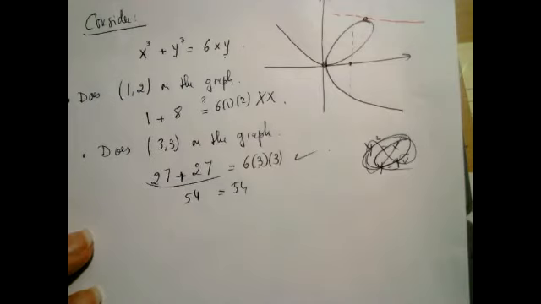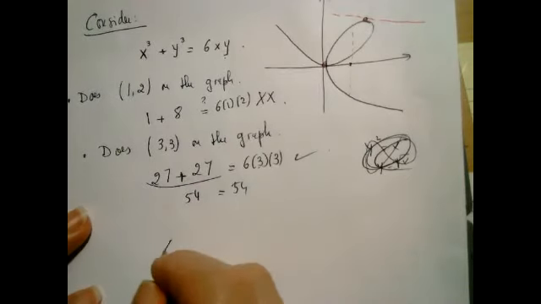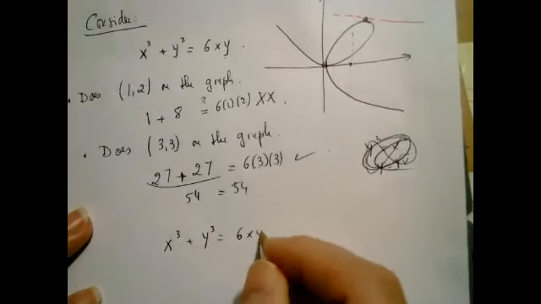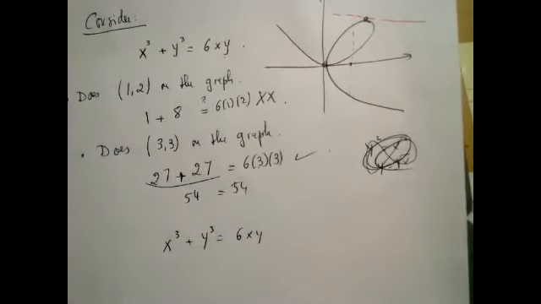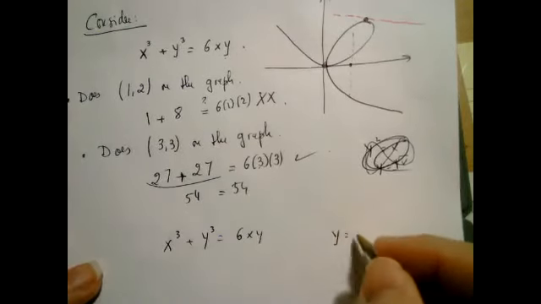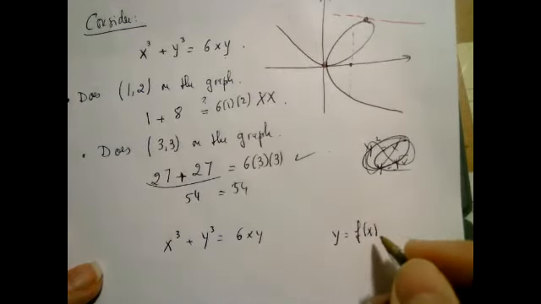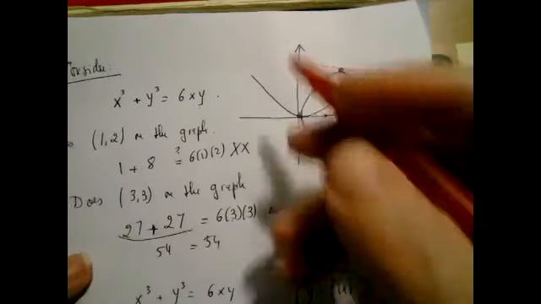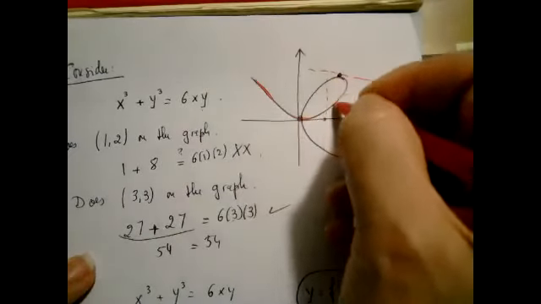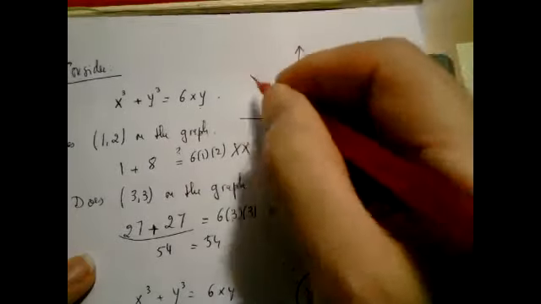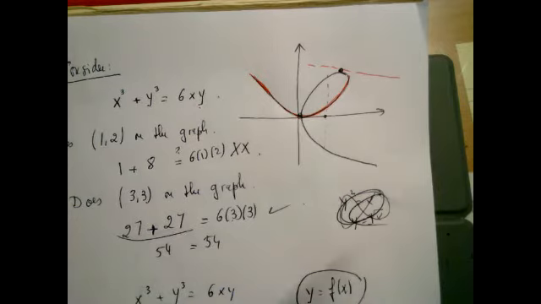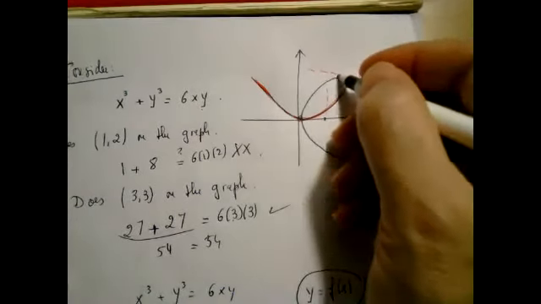In the back of my mind, the way I think about it, and I want you to think, is that we don't know how to solve for y as a function of x. But y is in a way a function of x, but this function changes depending on the point. So in this graph, I may have one rule that will give me this piece of the graph, and there is another rule which will give me that piece of the graph.